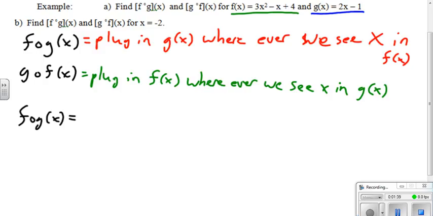Well, that means we're going to be looking at f of x. Now f of x is 3x squared minus x plus 4. But we're plugging in g of x wherever we see x. So instead of this x here and this x here, we're going to plug in our g of x.